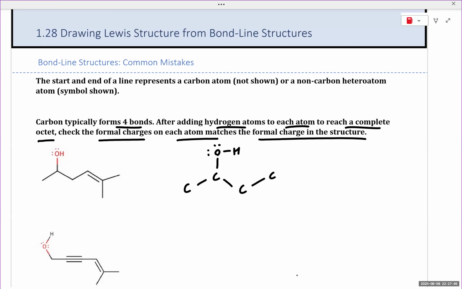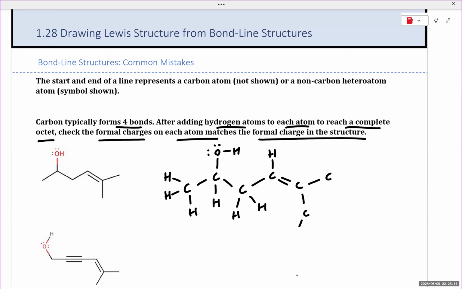That's the first step that I like to use when I'm expanding out these bond line structures. From here, I will fill in lone pairs and hydrogens to give us a complete octet. So I'm adding in my implied hydrogens. And if a lone pair is present on any carbon, you'd be able to see that in the original bond line structure.